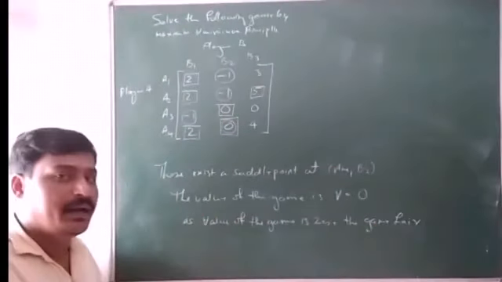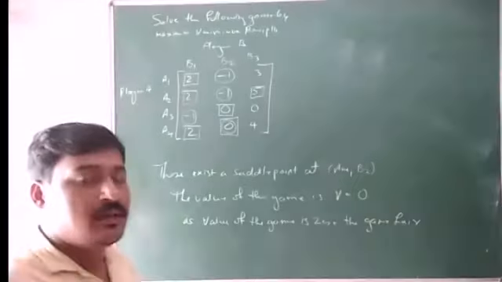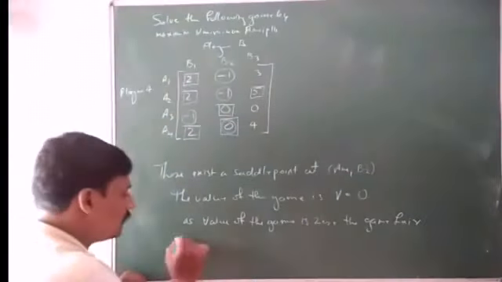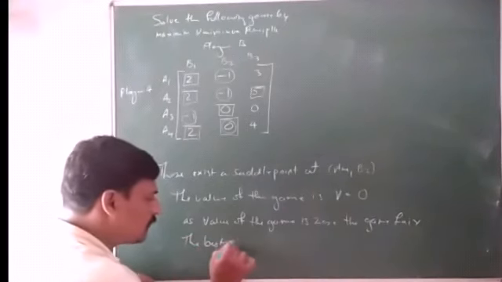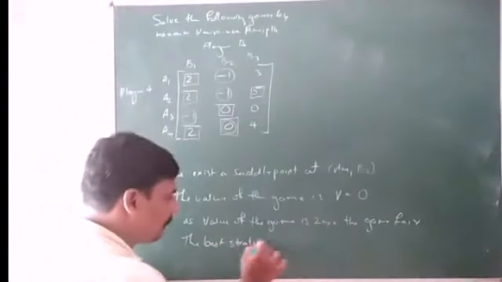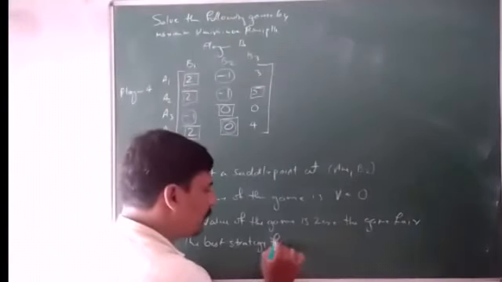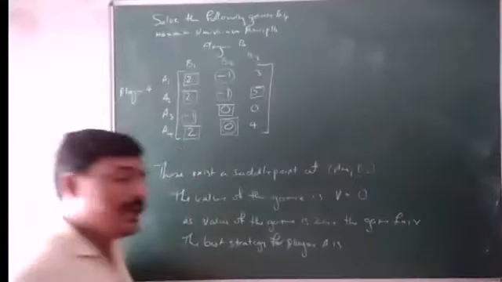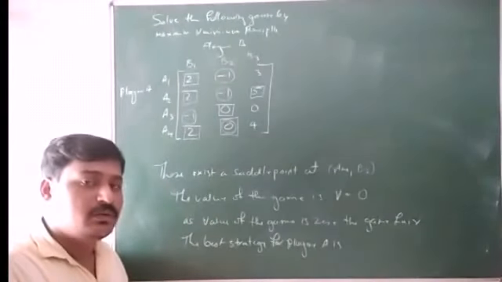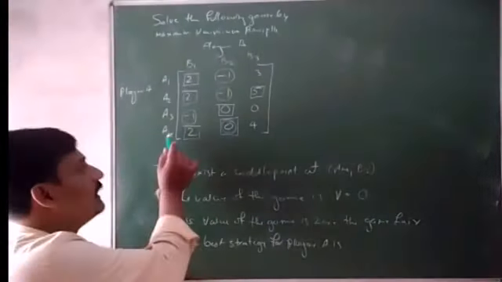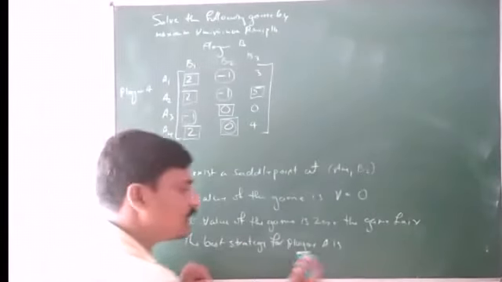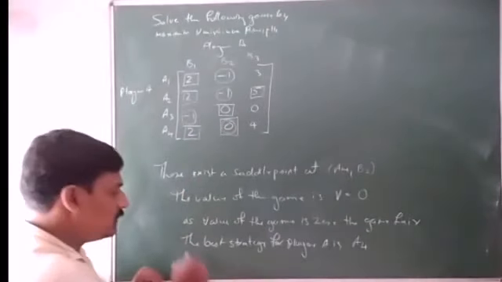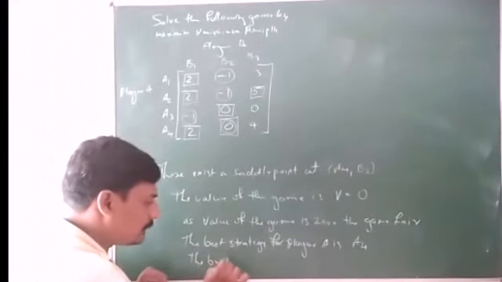And now last, we have to tell strategies for player A and player B. The best strategy for player A: in which row is the saddle point? In the fourth row, that is A4. So the best strategy for player A is A4.